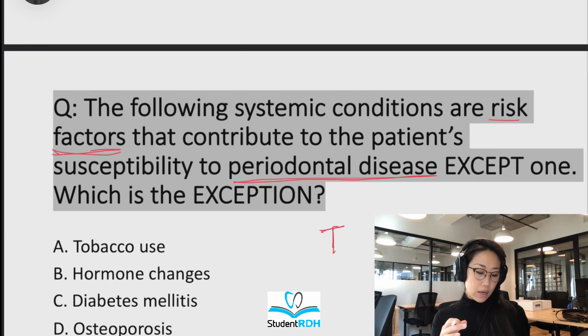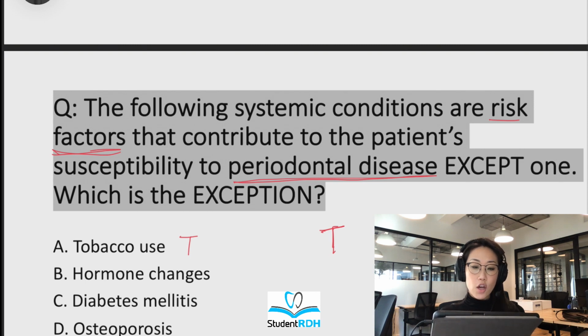So we're thinking about risk factors and periodontal disease. Tobacco use: I'm going to insert it this time into our statement. Tobacco use is a risk factor for periodontal disease. True or false? This is 100% true. Tobacco use, any type, chewing, smoking, is directly related to periodontal disease. Let's continue. Hormonal changes.